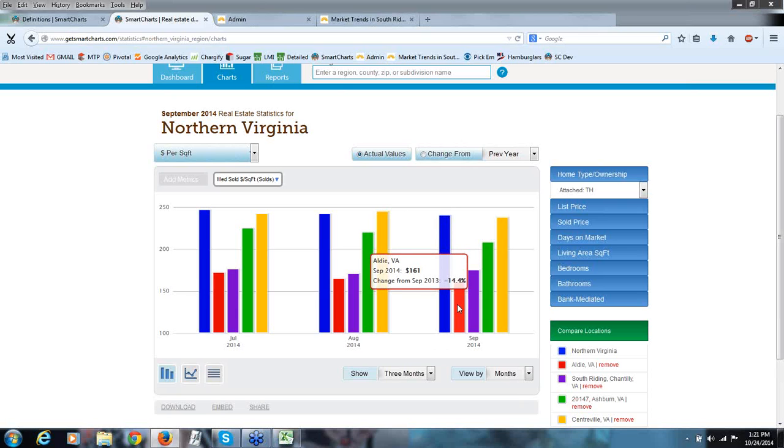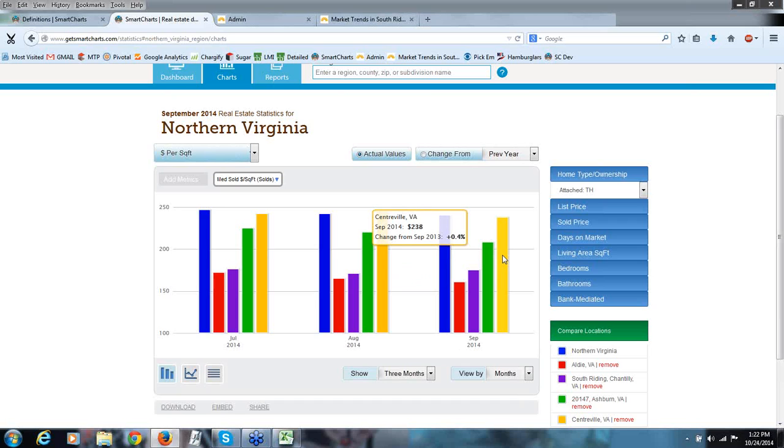They're the size of some detached homes in Centerville, where I grew up. So even though Aldie had the more expensive townhouses, you're getting more for your money, whereas Centerville, the most affordable of these, you're paying more per square foot because they're the older, smaller townhouses, etc.